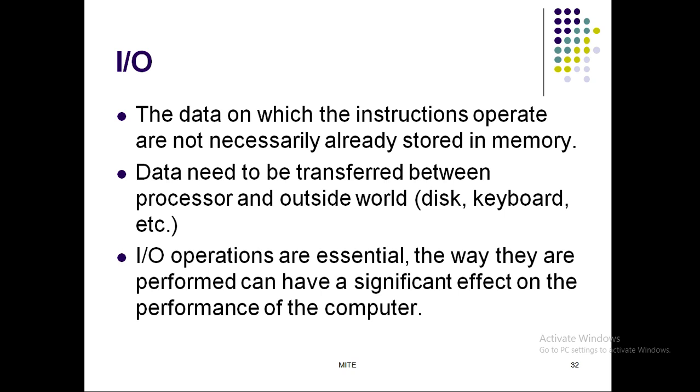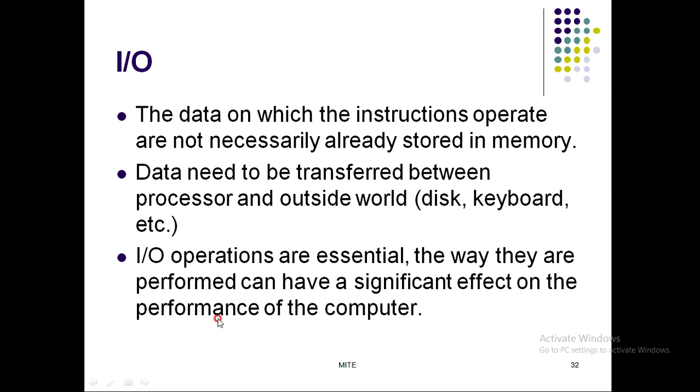It might reduce or it might increase. Regarding performance, you already saw in your first module how you calculate the performance with the help of a performance equation. Similarly, when an I/O operation is happening, the performance may reduce drastically, and when the I/O operation is not happening, then the performance might be something else.